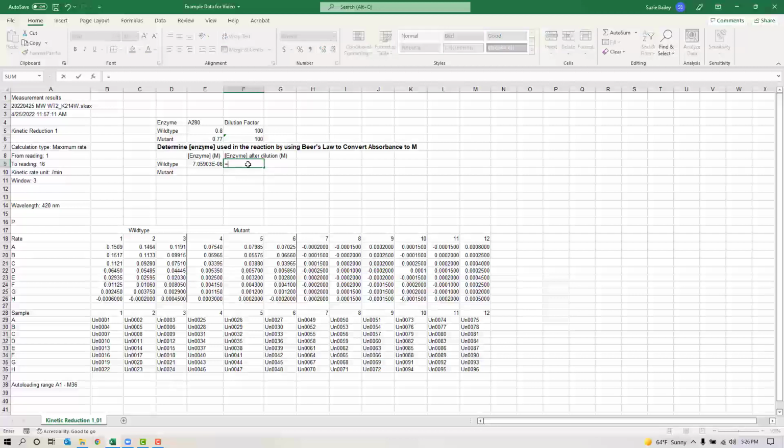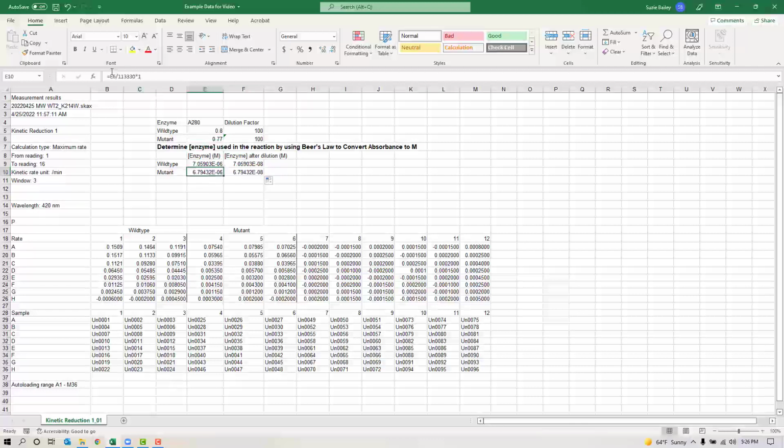So again, we can have Excel do this calculation. We want to tell Excel to do this by typing an equal sign. Then this concentration over here divided by 100. Now, a nice thing about Excel is that since our data are arranged in this specific manner, and I've also put my mutant down below my wild type here, I can just grab this little green square in the bottom right hand corner and pull that down, and Excel will repeat that very same calculation using this absorbance reading.